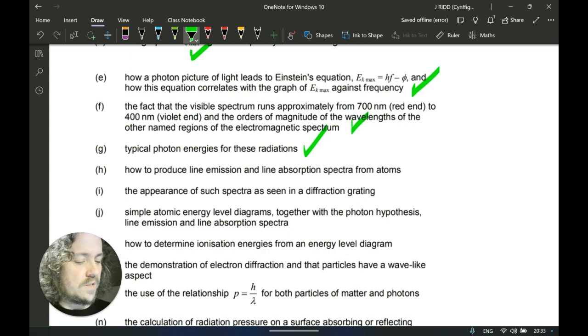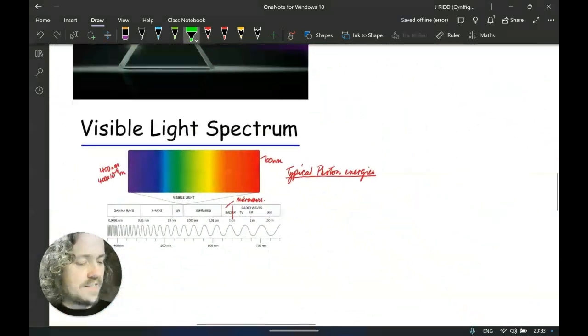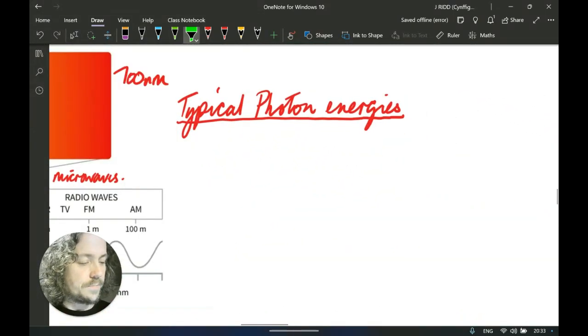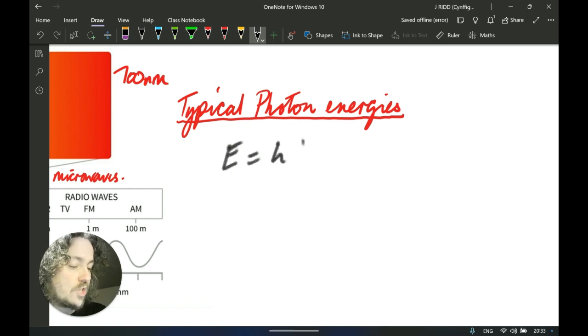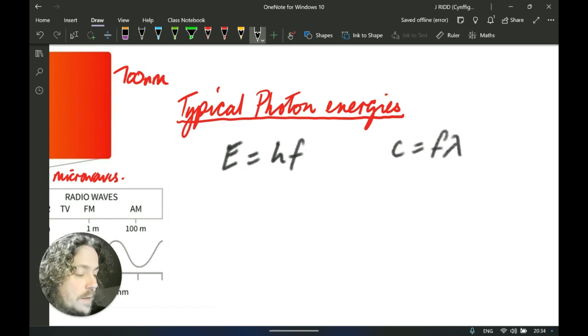Typical photon energies of these radiations. So a typical photon energy for these radiations, to work that out, what we would need to do is use that equation, E equals hf, again. And then quite simply either work out what the frequencies are or use a slightly different iteration of this. So c, the speed of light, this is the wave equation, is equal to f lambda.